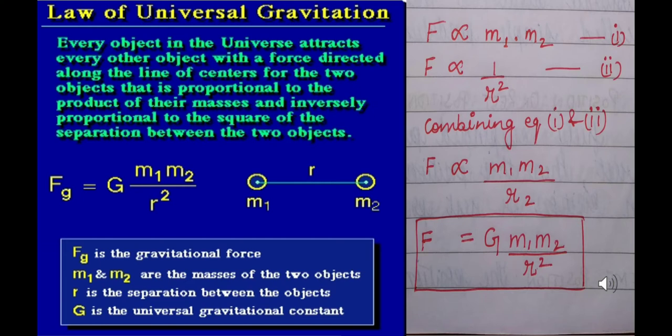So let's see what the law says. The law says every object in the universe attracts every other object with a force directed along the line of centers of the two objects. Whatever the masses we have, the force will be applied from the center of gravity of those masses, and therefore it is written about the center for the two objects.